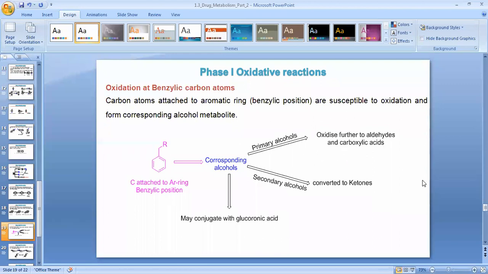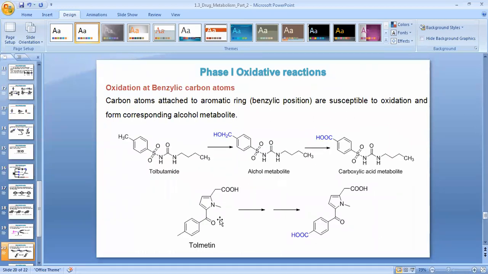This is all about the phase 1 reaction, and if it is conjugated to glucuronic acid, it will enter the phase 2 reaction. Now, examples of such oxidation reactions are when the carbon atom is attached to the aromatic ring.